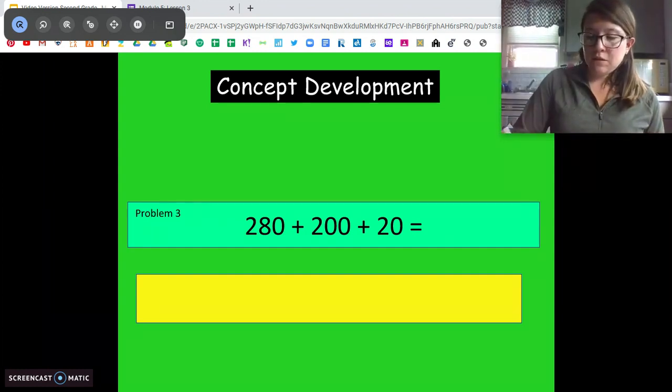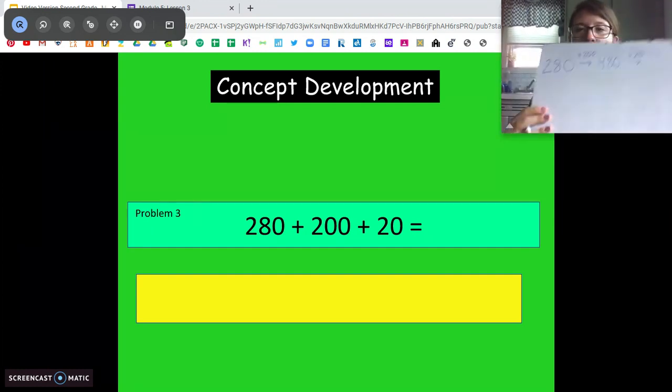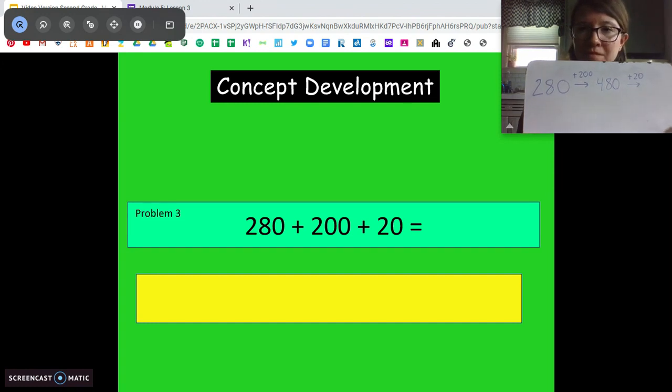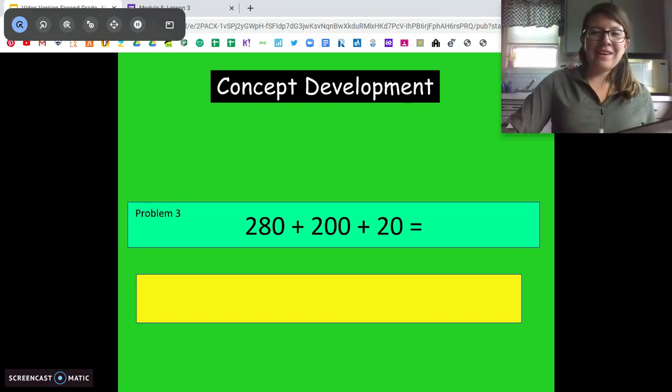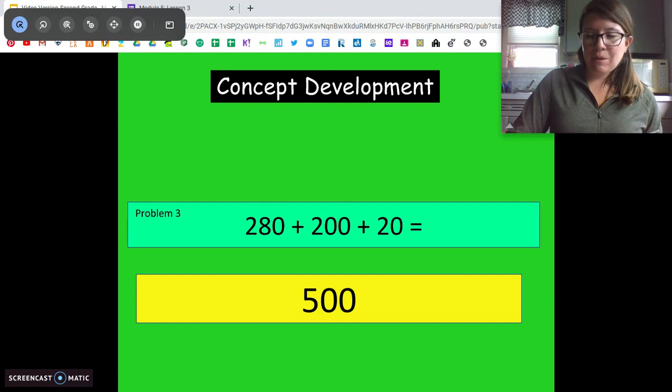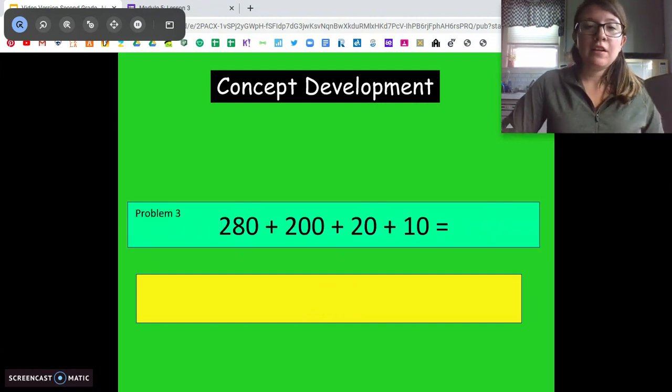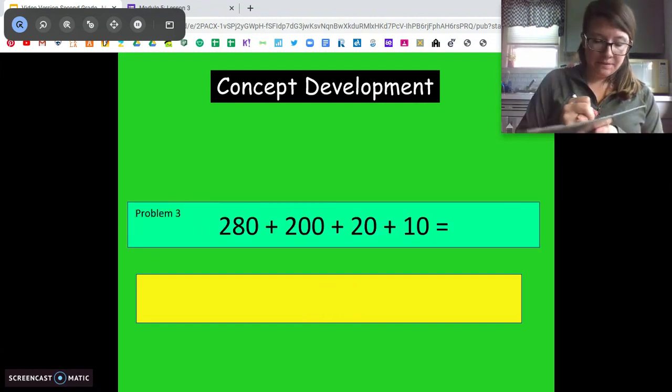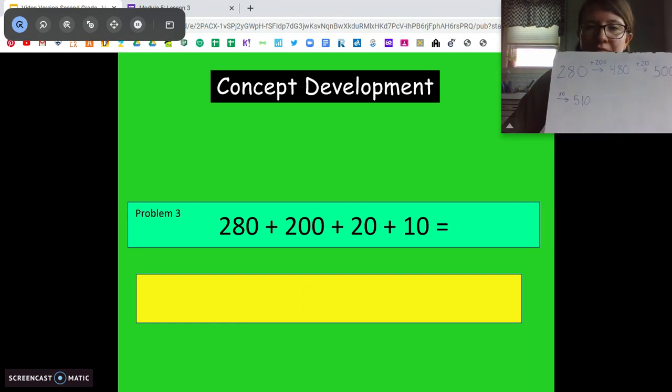You should notice something happen when you add that 20. Yeah, we're going to get to an even 500. We jumped up to that next 100. Good. Now we're going to add another 10. Good. And there we go.